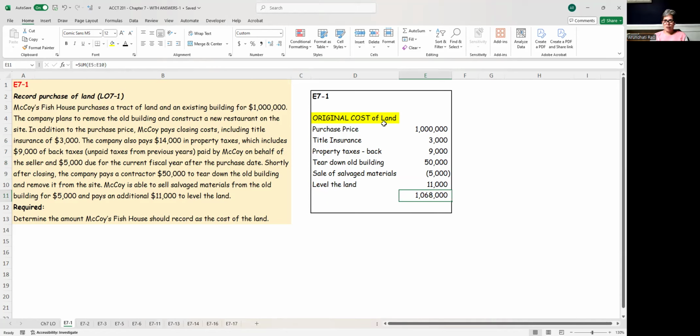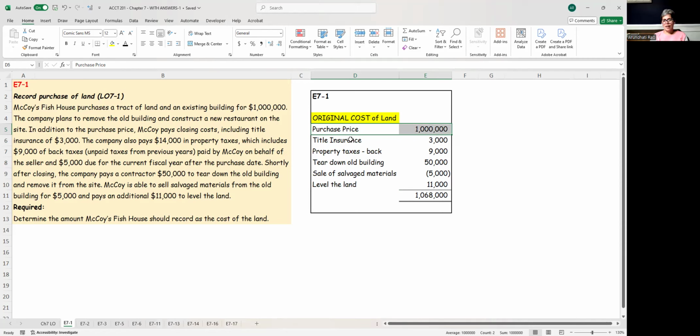So remember, land is an asset, long-term asset. It sits in my balance sheet until I sell it. I'm not going to do anything to this cost. The original cost stays what it is, which is why it's so important that we identify which ones we can add to the cost of land. So once again, for long-term assets, our starting point is always going to be the purchase price. It's called the purchase price or the invoice price.